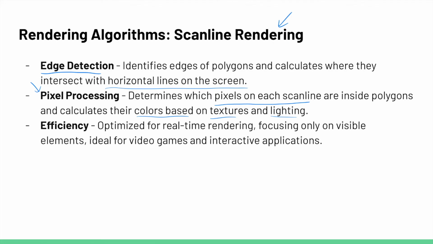Now, Scanline rendering is quite efficient and optimized for real-time rendering because it focuses only on visible elements of a 3D visualization, so only those that are visible to the external user. This ability to effectively conduct real-time rendering makes Scanline rendering ideal for video games and interactive applications.